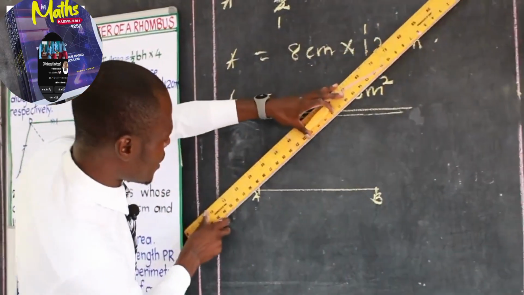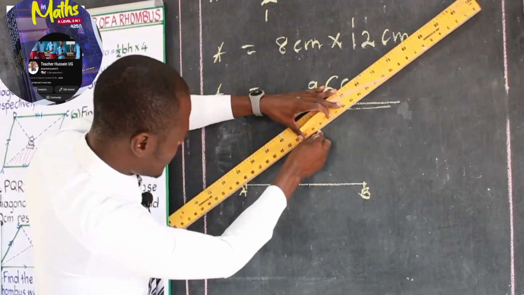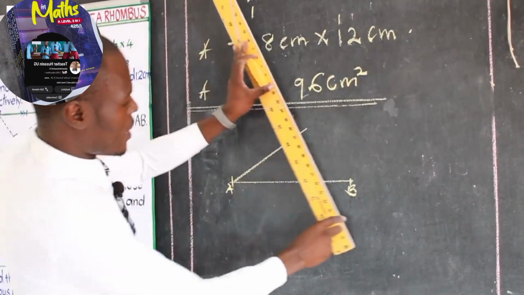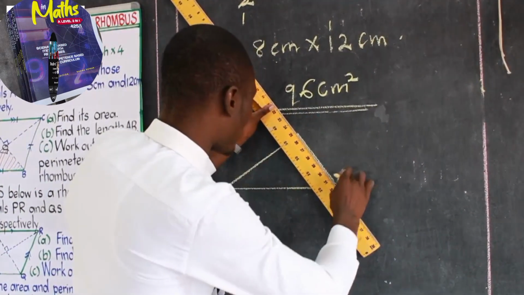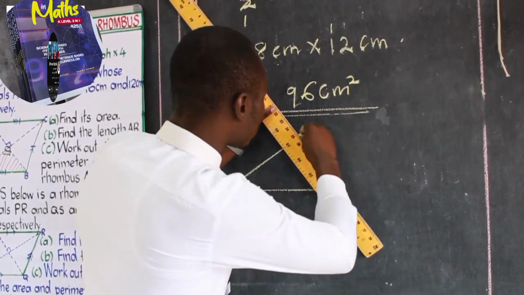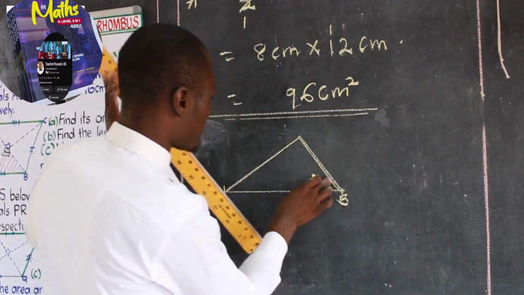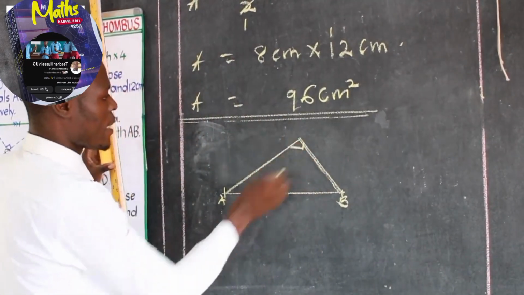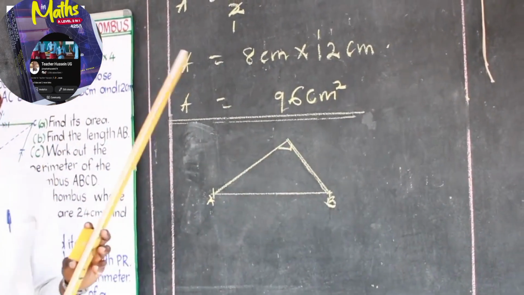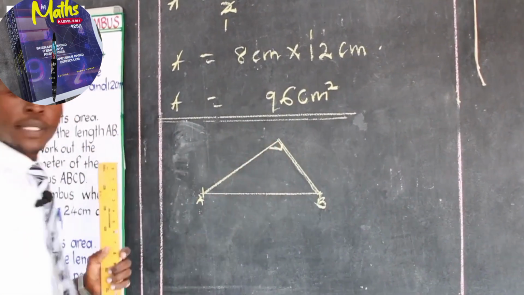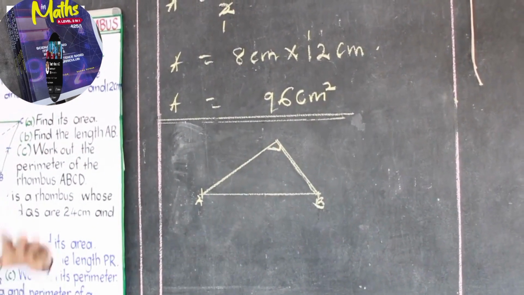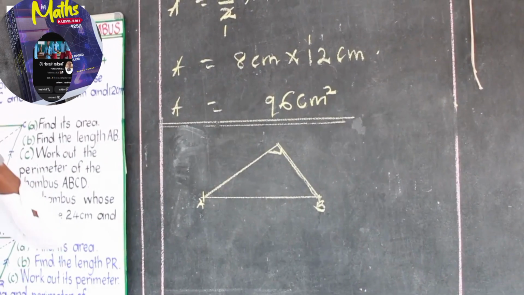So we can see it here. We can see it here. And we can see it here. Never mind. What is very, very important, class, is that symbol of the right angled triangle. It's very important because, as we said, Pythagoras theorem deals with right angled triangles.